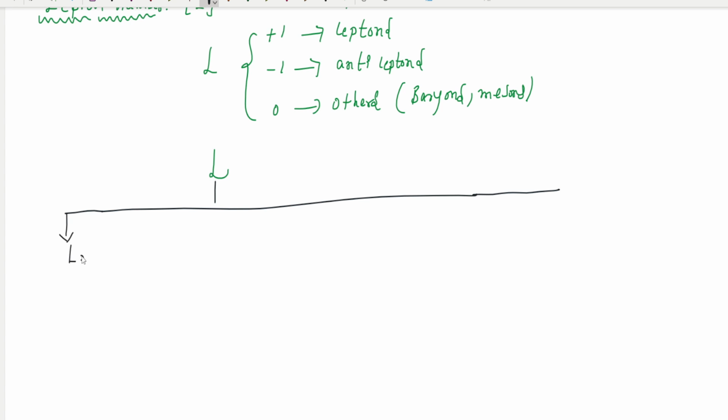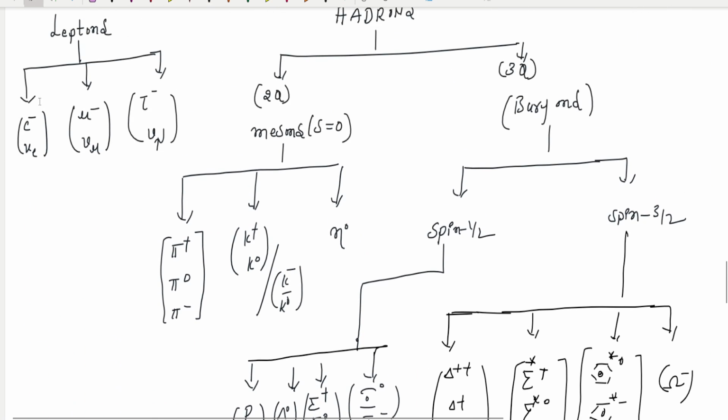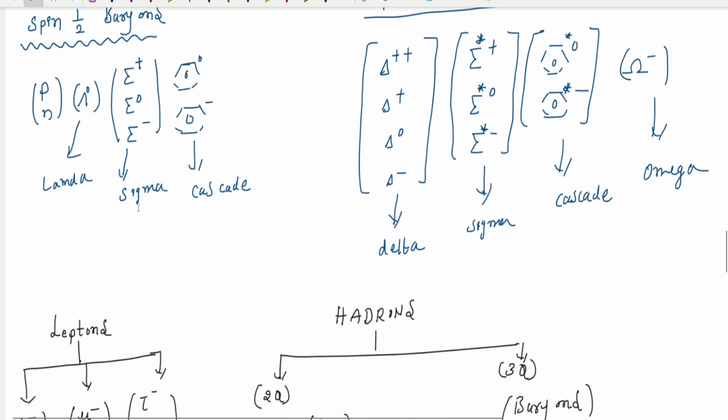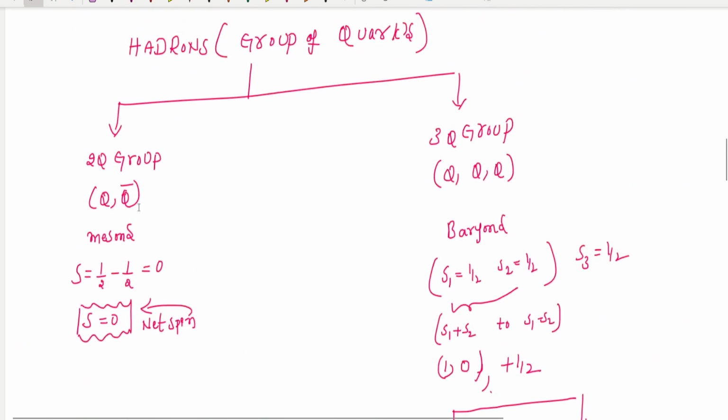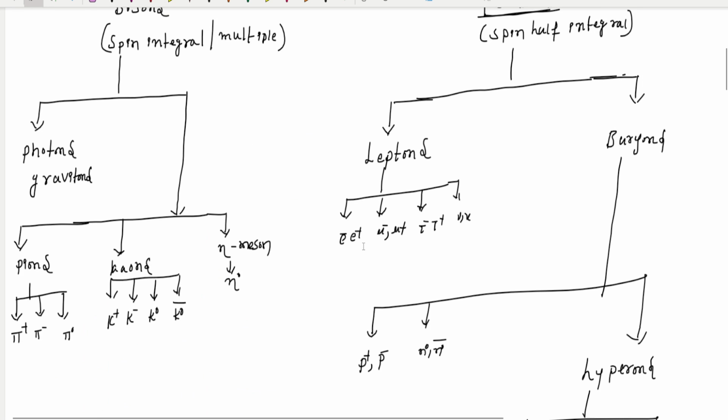This is the electron. See here the leptons classification. These are the leptons. One, two, three types of leptons are there. So there is more clarity here. This is the main classification, the leptons classification.